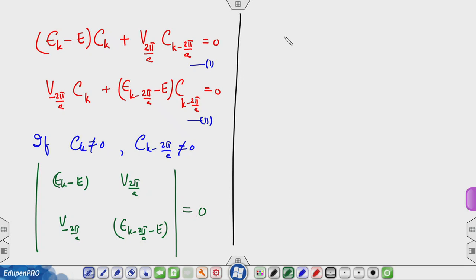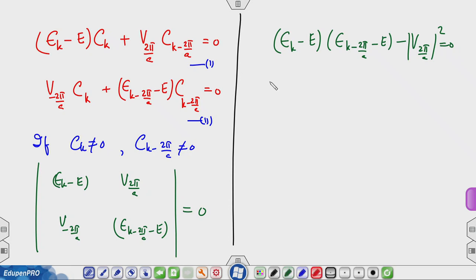What does it give you? It gives you (epsilon k minus E)(epsilon k minus 2π/a minus E) minus |V 2π/a| squared equals 0. You work out the energies.